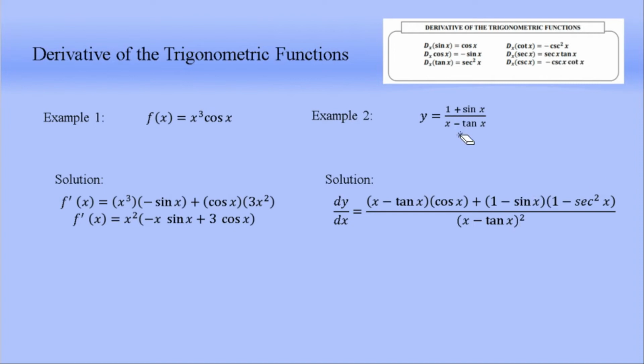And so the quotient rule states that the derivative of g of x times f of x should be minus, not positive.